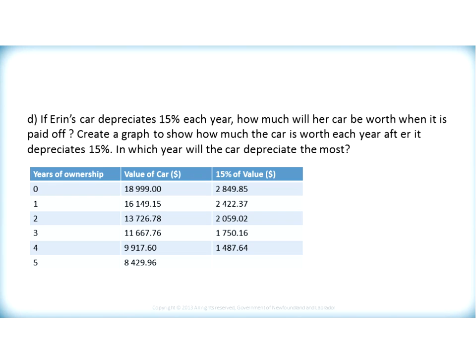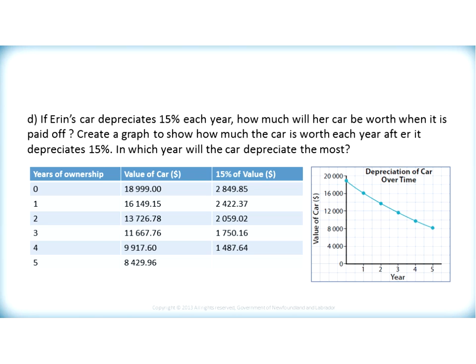And the value of the car has gone from $19,000 when she first bought the car, down to after 5 years only being worth $8,400. So we can plot this either by hand or using technology, and it'll look something like this.